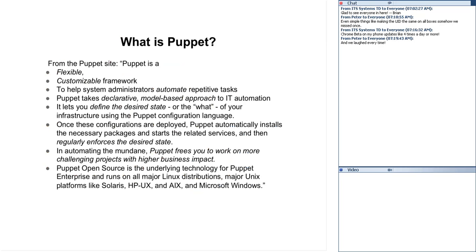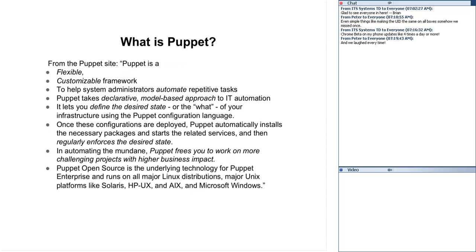All right, so here is basically a quote from the Puppet website about what it is, and it was trying to demonstrate that Puppet meets some of those requirements that I listed in what makes a good product. It's flexible and customizable, and it takes a declarative and model-based approach to IT automation.